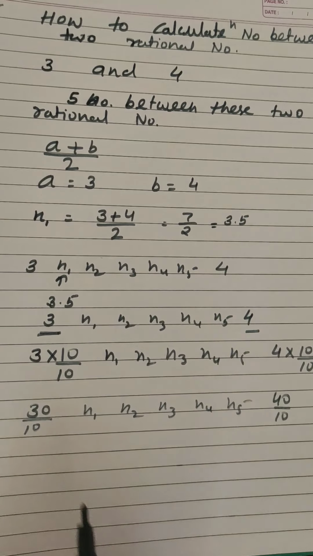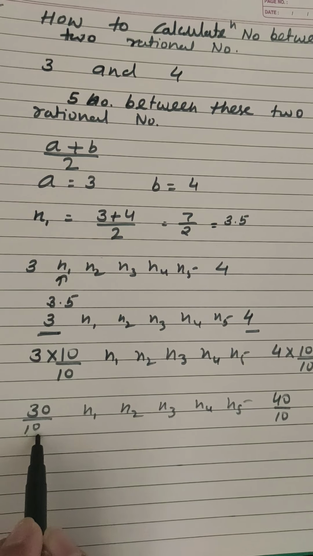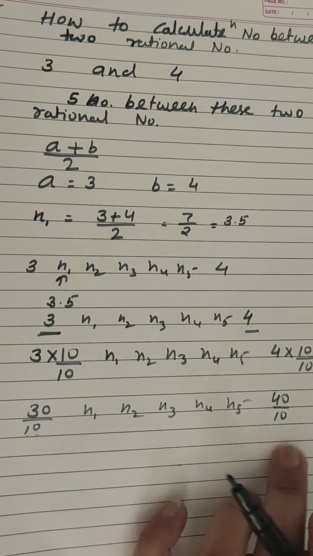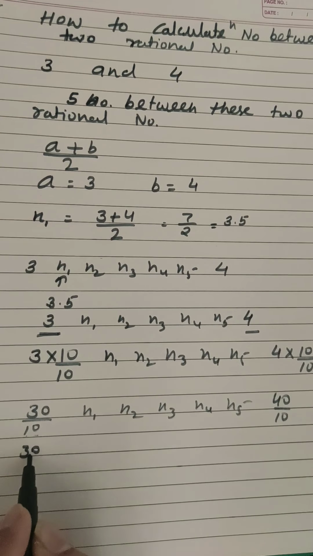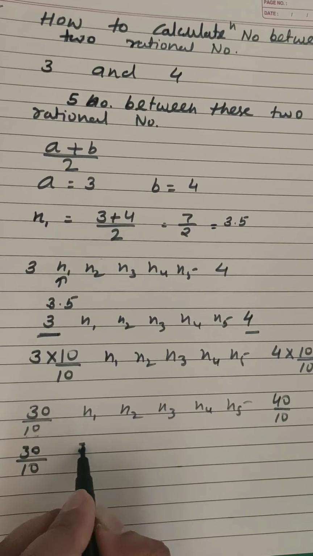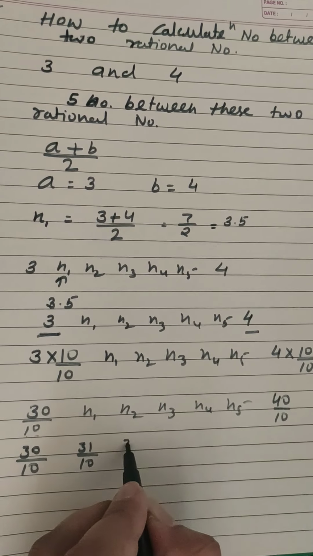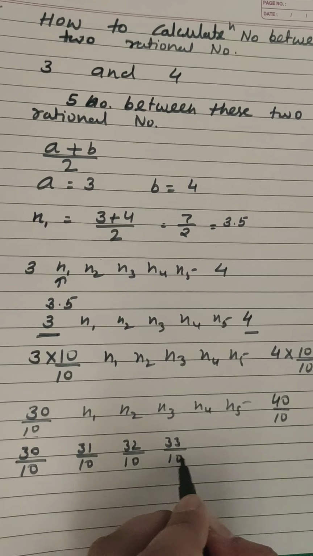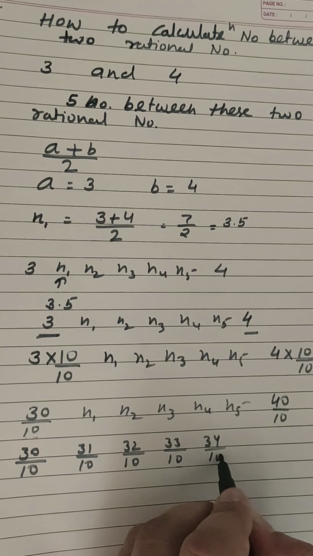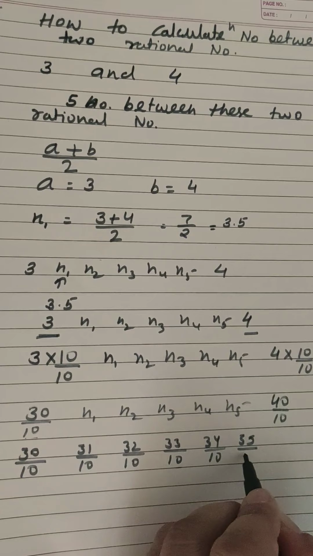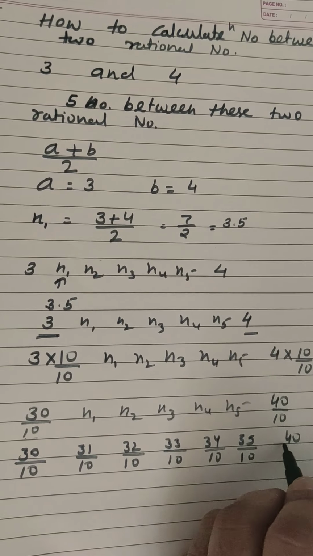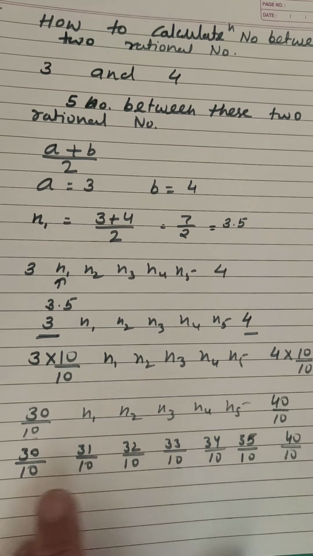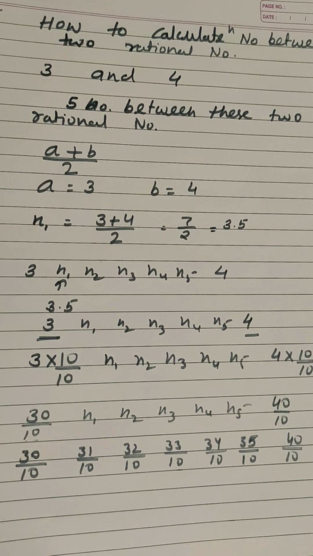Now see, here the denominator is 10, and here also the denominator is 10. So I can write a series: 31 divided by 10, 32 divided by 10, 33 divided by 10, 34 divided by 10, 35 divided by 10, and 40 divided by 10. So these are the numbers in between 3 and 4. Is this clear to you?